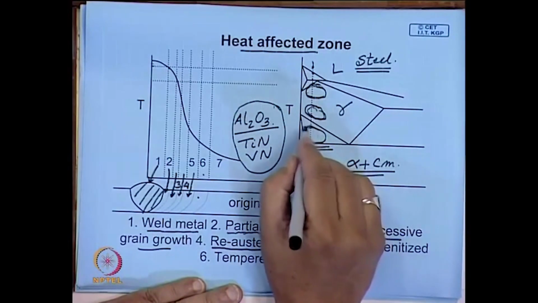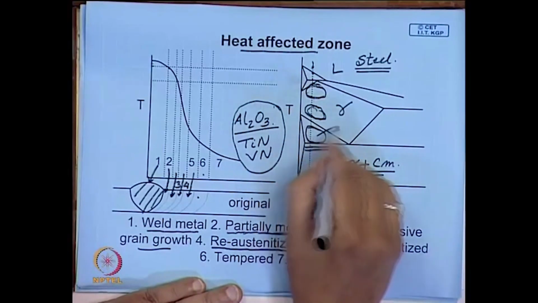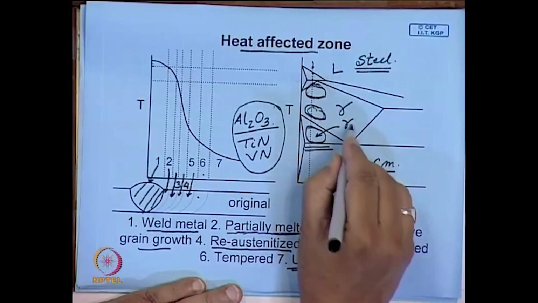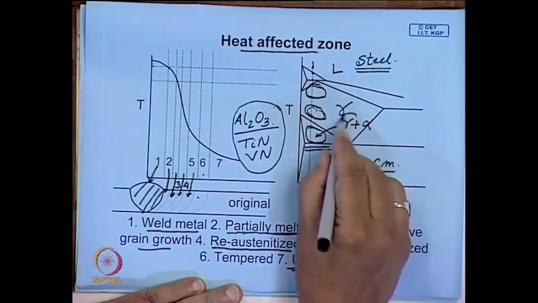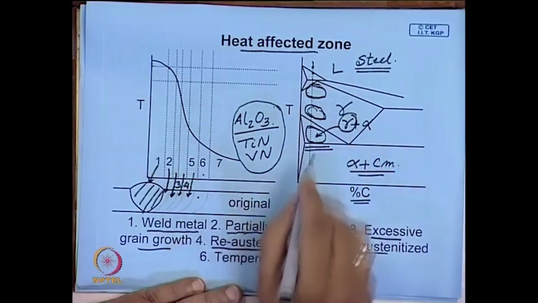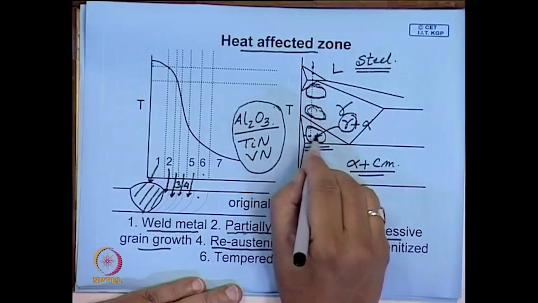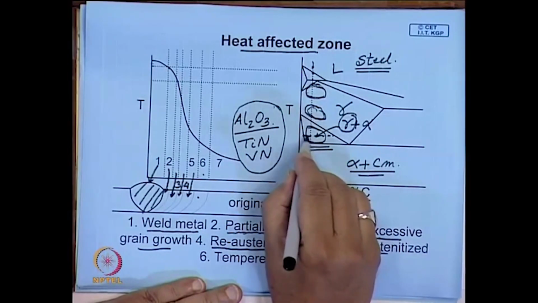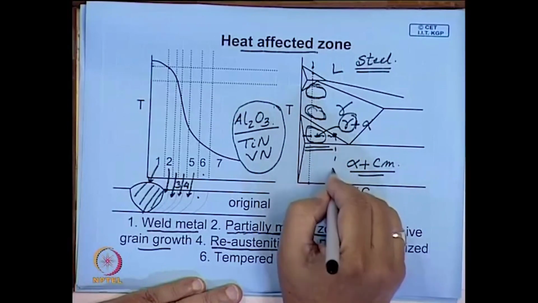Then there will be a region where you have partial austenite. So, here you have austenite plus ferrite, and when it is cooled, this austenite may transform even to a low transformation product, and sometimes if the cooling rate is high, imagine at this temperature zone, this has this much amount of carbon.